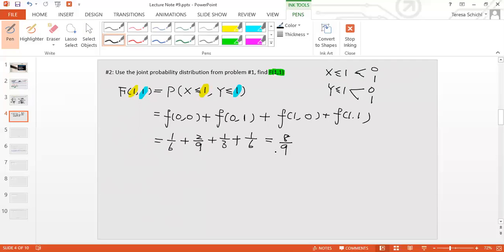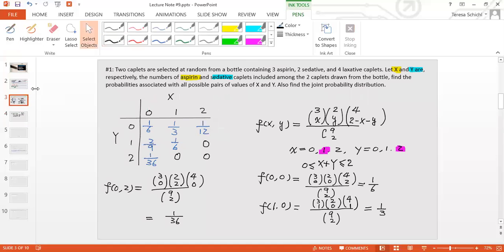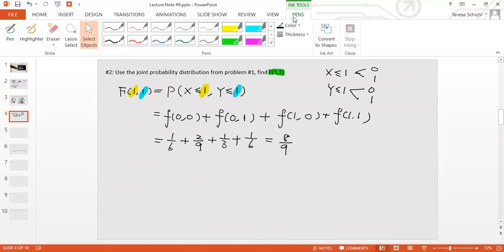Let's double check and make sure we get all the correct numbers. Here is 1/6, 1/3, 2/9, 1/6 here. All right, so now I think we got the correct numbers here.